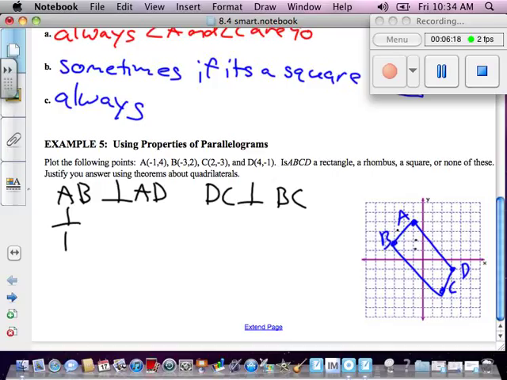So I go down 4 over 5. Can this possibly be a rectangle? No. We know it can't be a rectangle because already we know they're not perpendicular to each other.